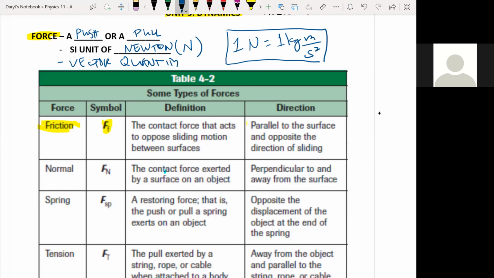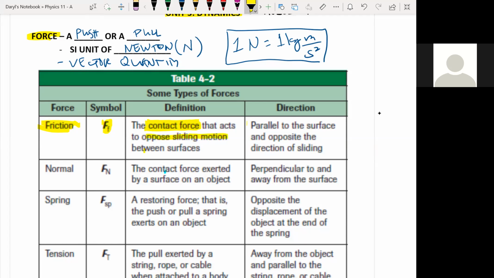Okay. So friction, by definition, is a contact force. So when you say contact force, that means that the two objects are in contact with one another. Okay. And it acts to oppose the sliding motion between surfaces.